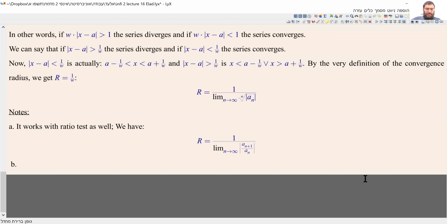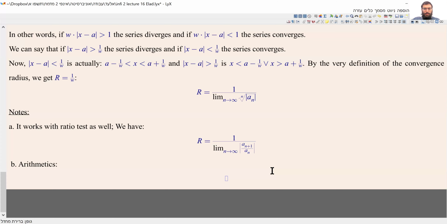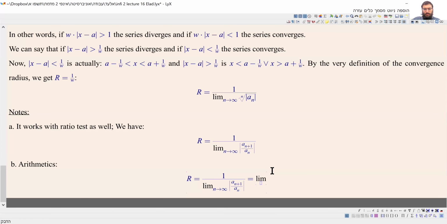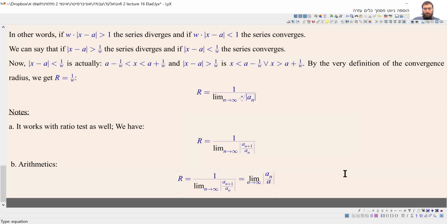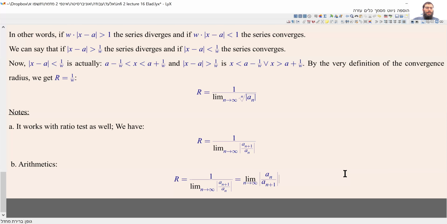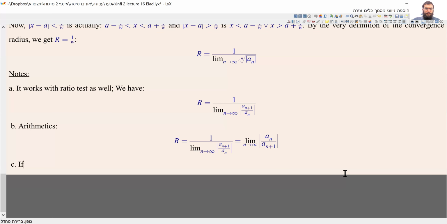Secondly, by arithmetics, this limit can be written, intuitively speaking, as the limit of the opposite ratio, an above an plus 1. If you take the ratio or the root, it's the same.